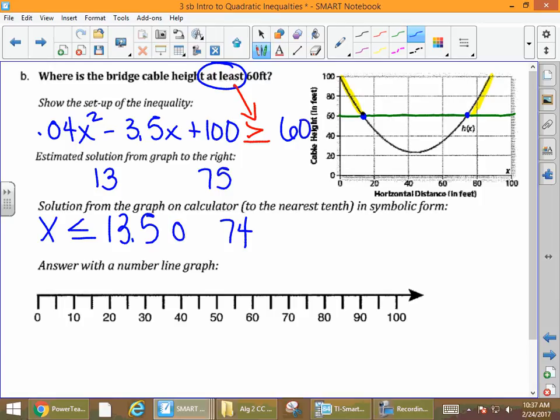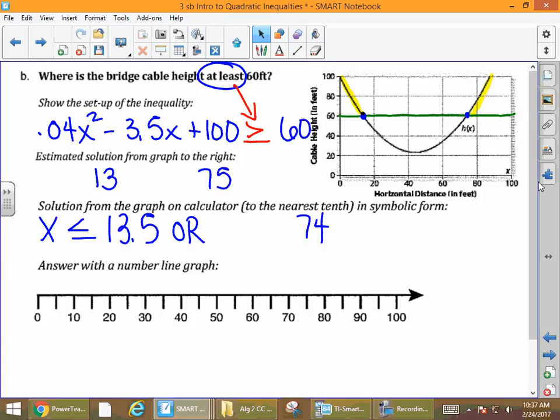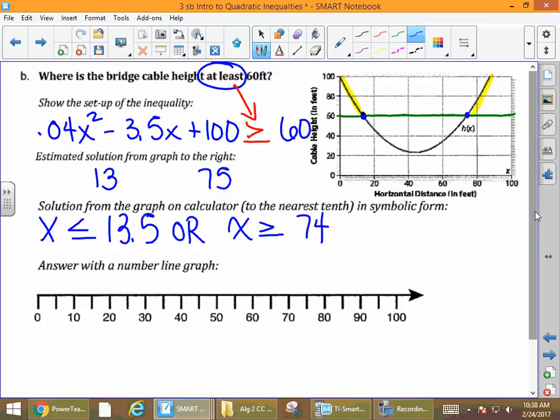And then it's going to be, or, I'm going to put that 74 over here, x is greater than or equal to 74. Because we're in one part of the graph, or we're in another part of the graph.